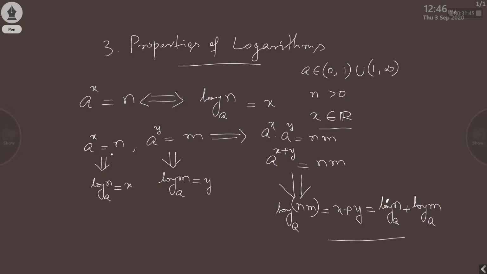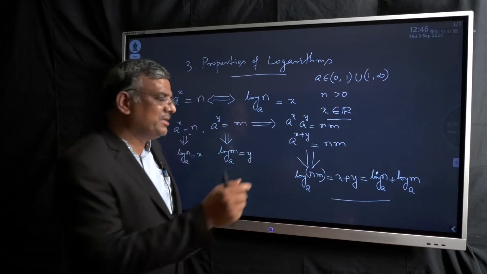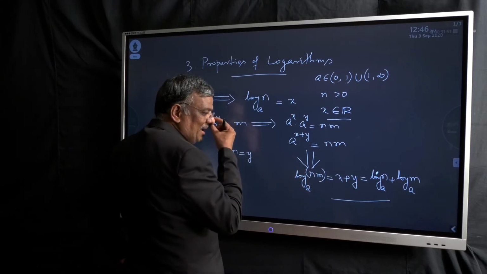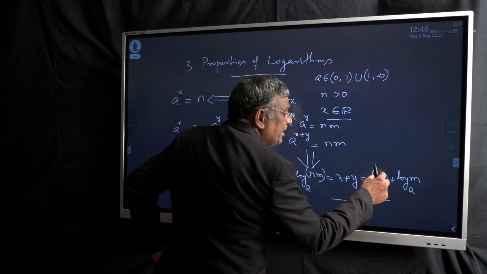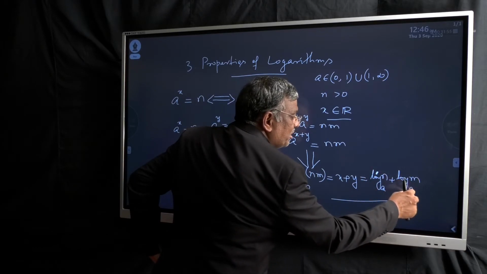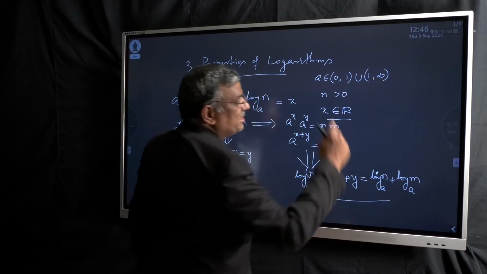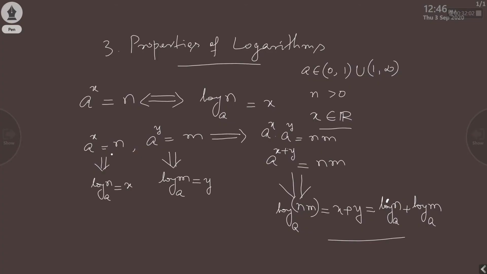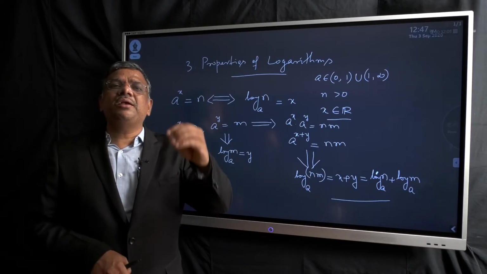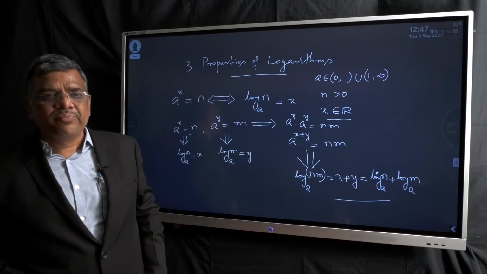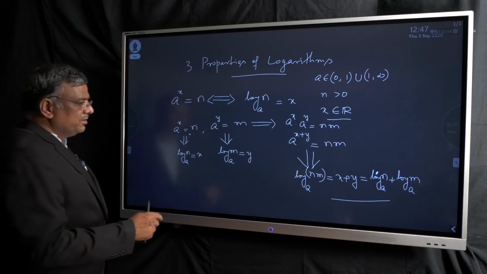This is a very important property of the logarithm: the logarithm of the product of two numbers to the base a is the same as the sum of the individual logarithmic values to the base a. This property is very important, and from it we are going to calculate the multiplication of two numbers.